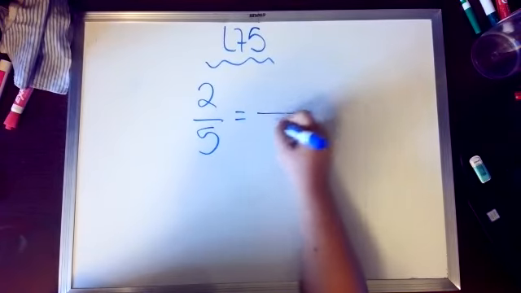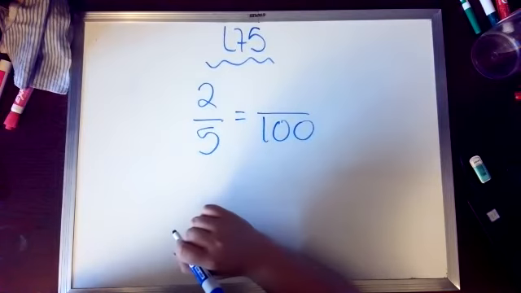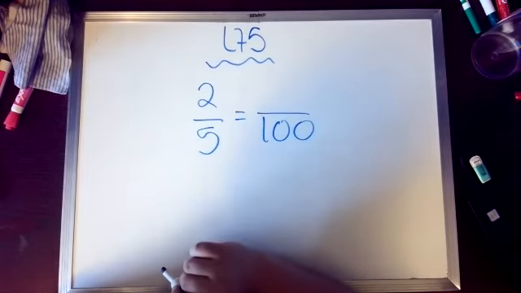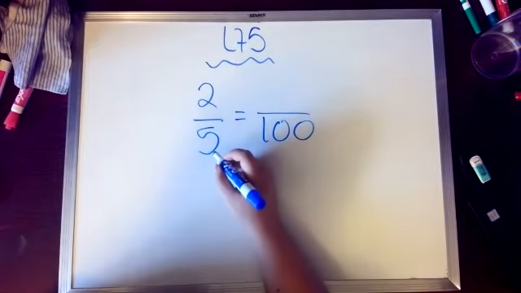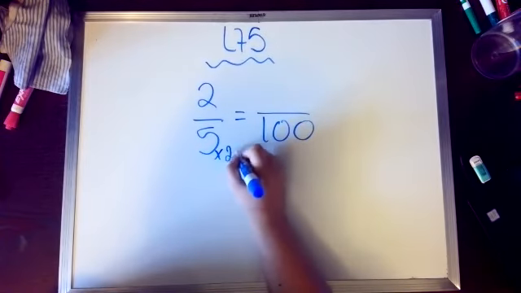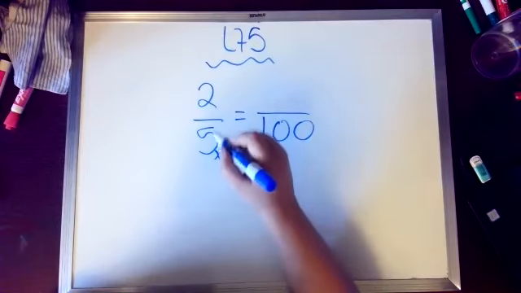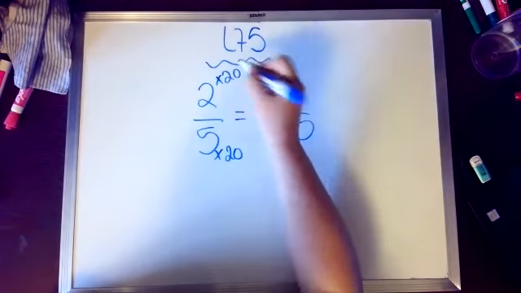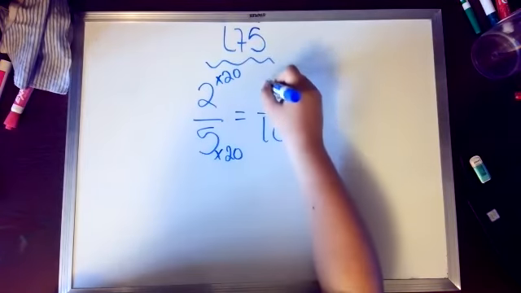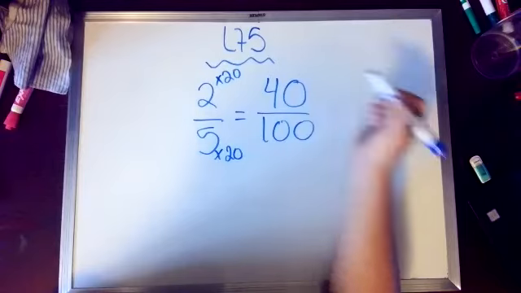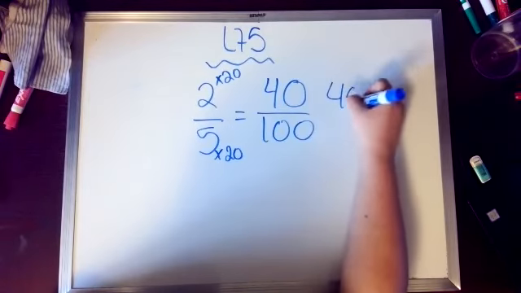So I need to figure out what I times 5 by to get 100. Well, if we remember our money, it takes 20 nickels to make $1. So 5 times 20 makes 100. If I do it to the bottom, I have to do it to the top. 2 times 20, or 2 groups of 20, is 40, which gives me 40%.